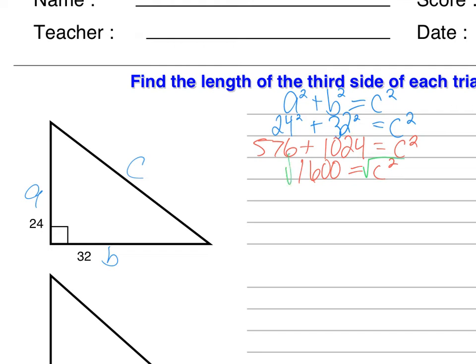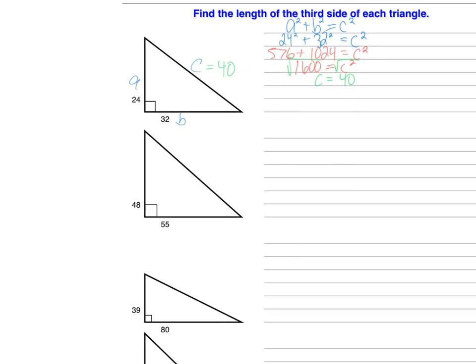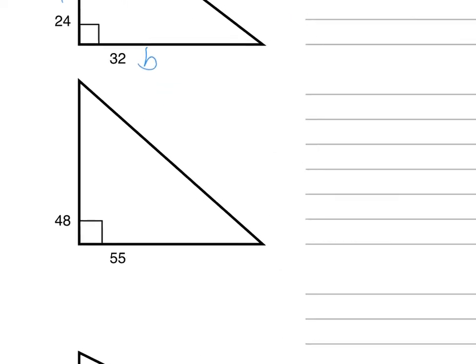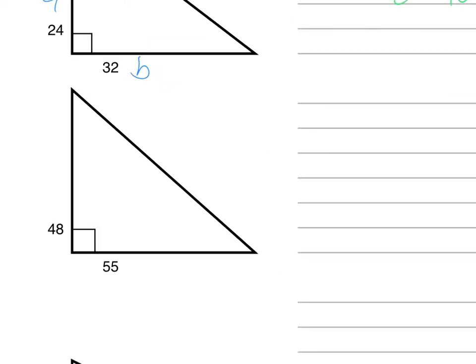Taking the square root of both sides, the square root of 1600 is 40. So c is equal to 40. Okay, go ahead and set this one up.